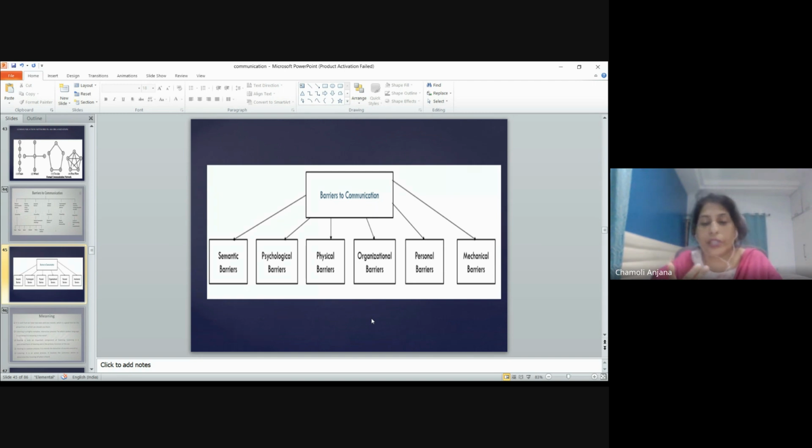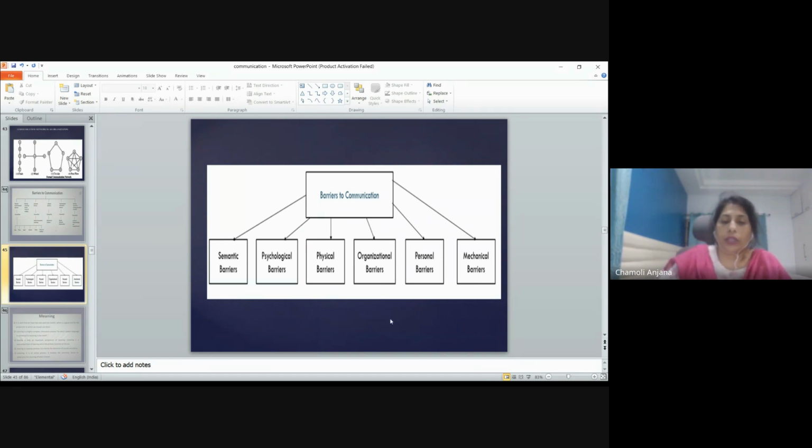We have physical noise, psychological noise, and semantic noise. Those noises are now opened up, and there are different types of barriers, which are categorized into different categories. Barriers are any kind of obstacles which obstruct the free flow of communication from sender to receiver or from the receiver to the sender.